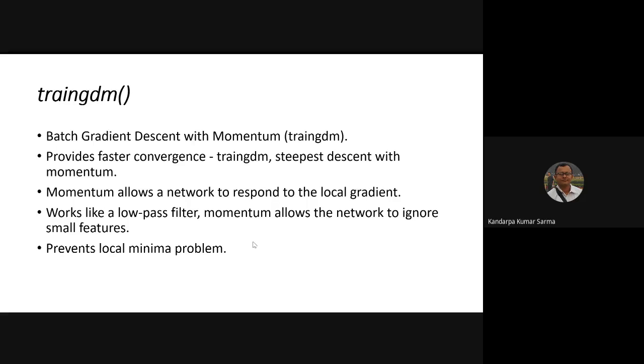Now, there is one more type of the batch gradient descent function, that is called the train GDM. Here we find that the gradient descent comes with a momentum term.